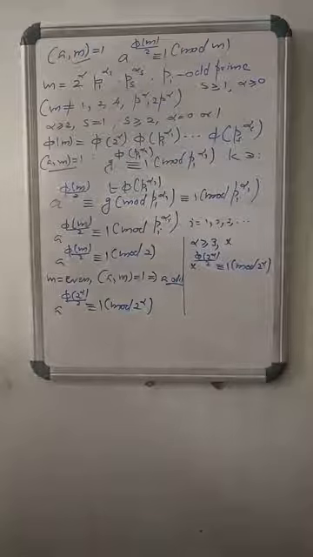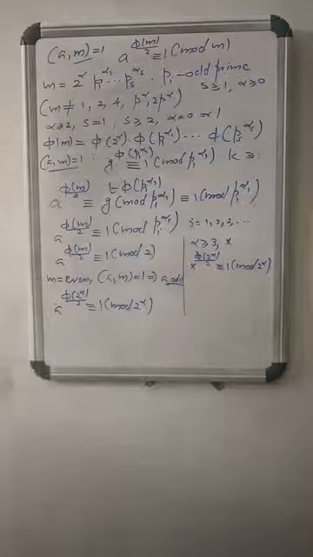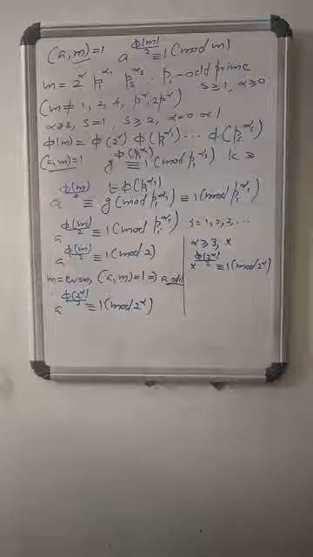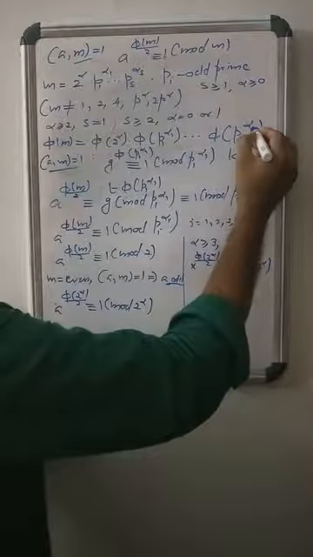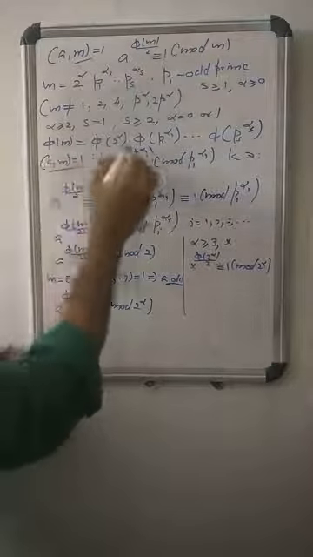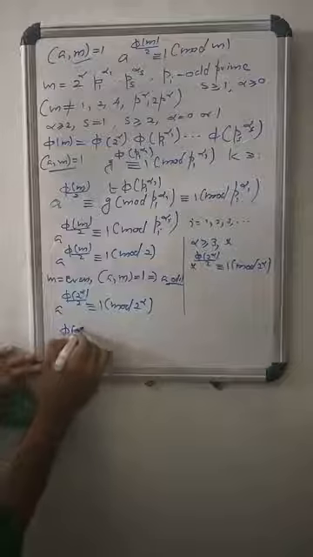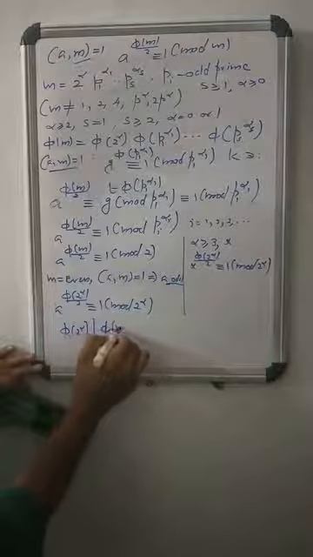But what is phi of m? Phi of m is phi of 2 power alpha into phi of p1 power alpha 1 into etc., into phi of ps power alpha s. That means phi of 2 power alpha always divides phi of m.